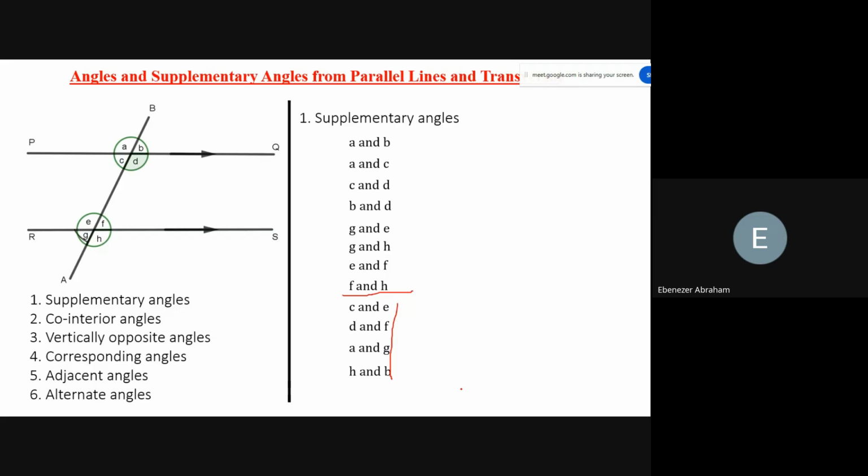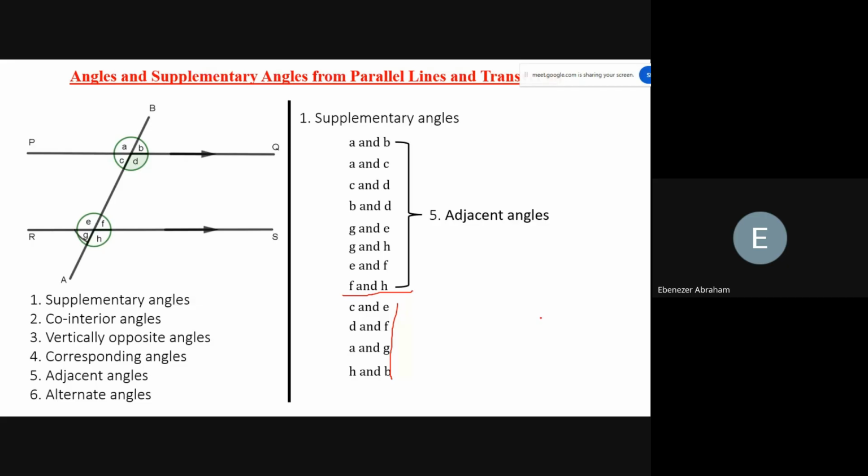There are so many angles. Now check the top one here. Those that you mentioned are all adjacent angles as well.